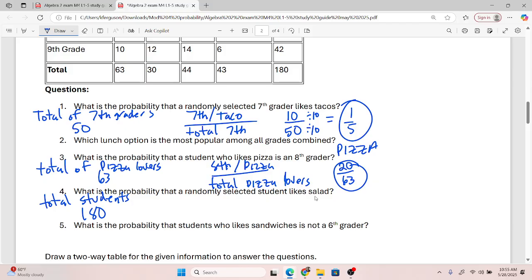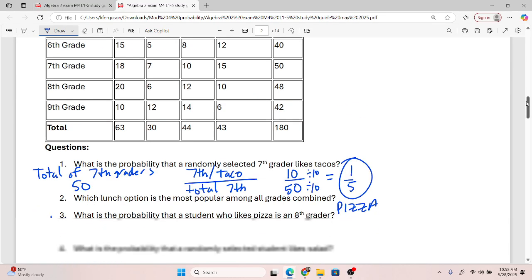And what am I looking for? I'm looking for the students that like salad. So the top is the student salad lovers, and then the bottom is the total students. So that's going to be 30 over 180.